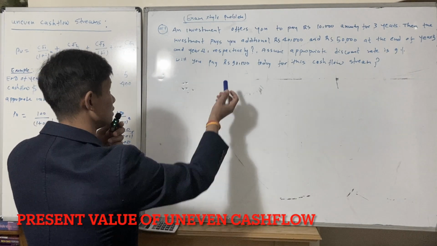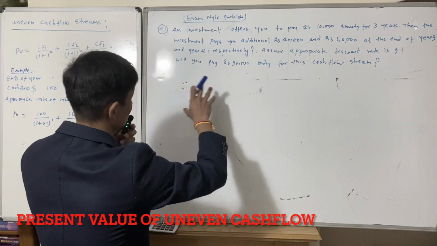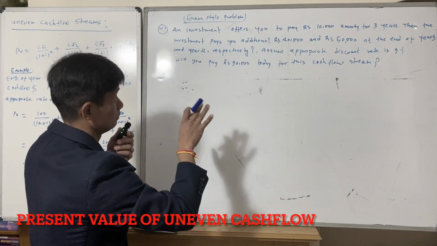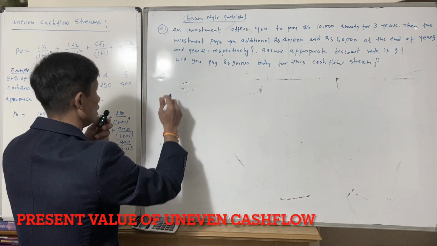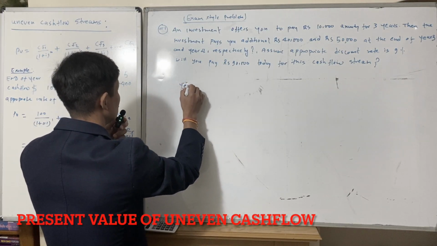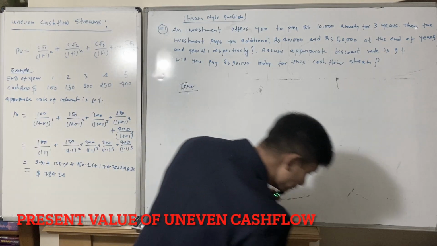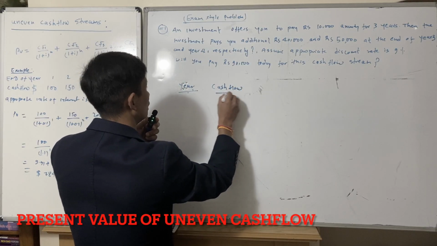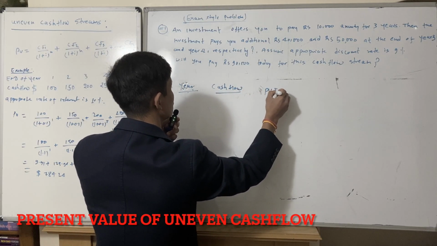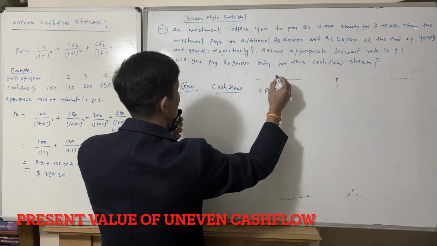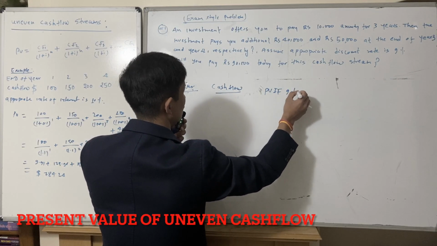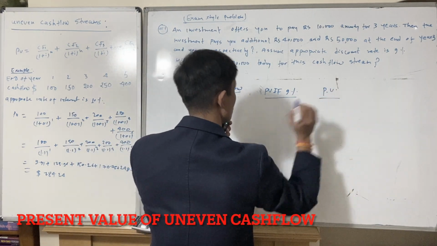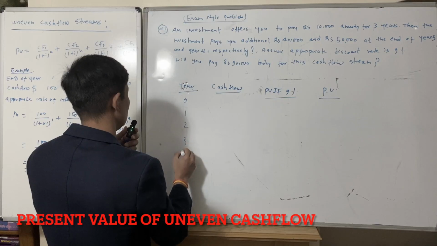If the present value is less, then this project is not worth it. If the present value is more than or equal, then we accept the investment opportunity. So in this way, we set up the years, cash flow, present value interest factor at 9%, then present value, for years 0, 1, 2, 3, 4.